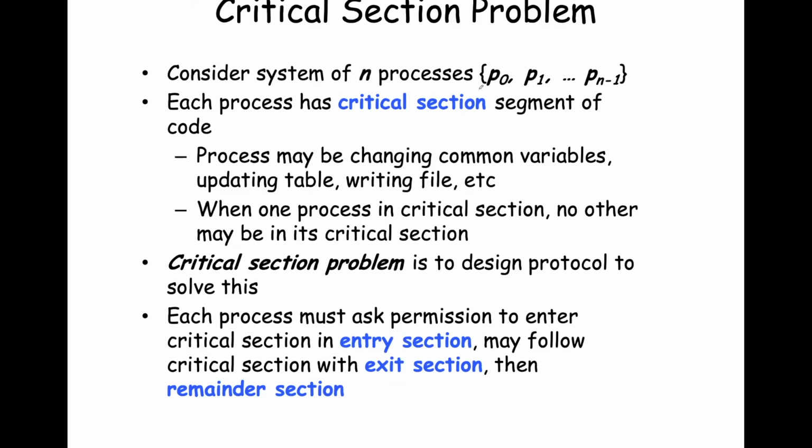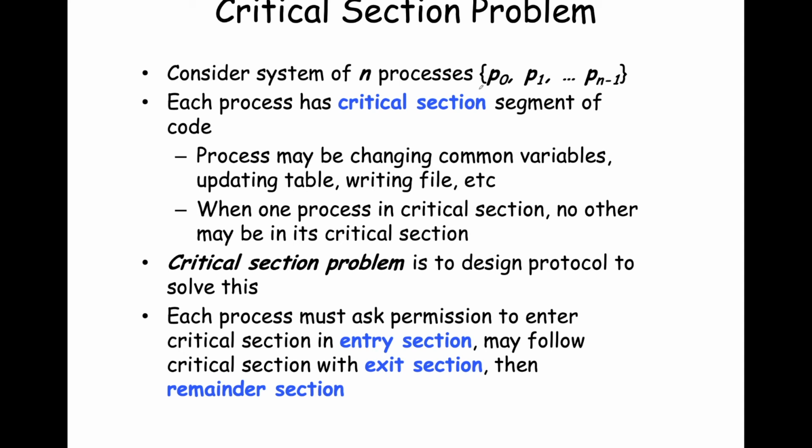Now, the critical section problem says to consider n many processes, P0 through Pn minus 1, and each one has a critical section segment in its code. A process could be doing a bunch of things in its critical section. It could be changing variables, updating a table, writing a file, all sorts of stuff. When one process is in its critical section, no other process may be in its critical section.